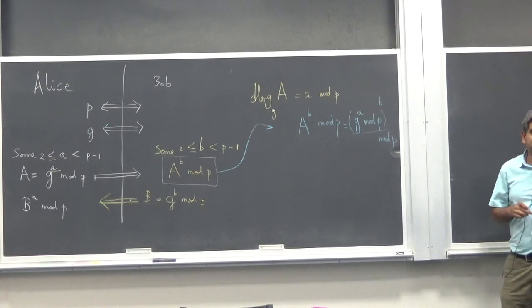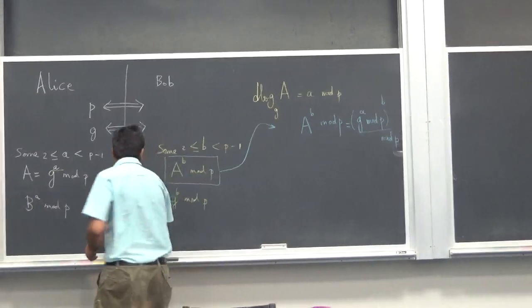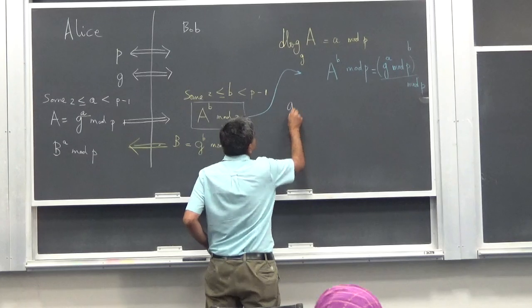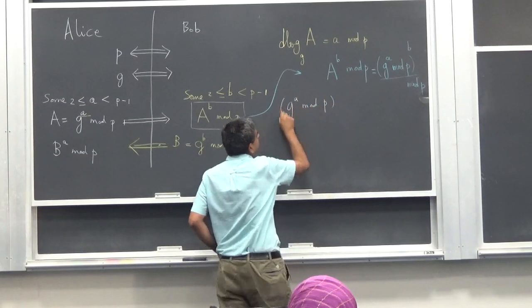This requires a little bit of mathematics. So let's find out what is meant by (G^a mod p) raised to power b.